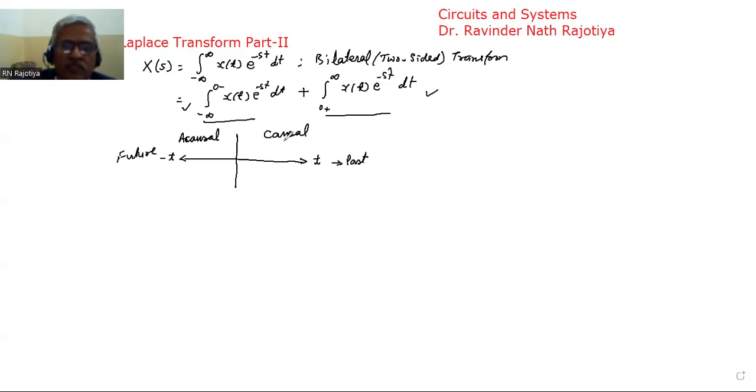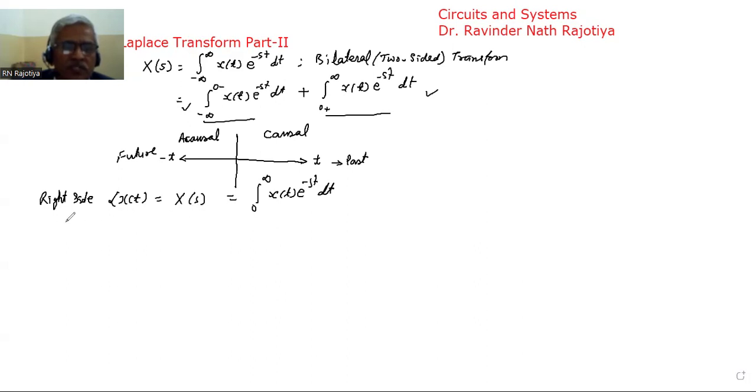So what is the Laplace transform of the right-sided signal, which is a causal system? For a right-sided signal, the Laplace transform of x(t) can be written as X(s), which is nothing but the integral from 0 to infinity of x(t) e power of minus st dt.